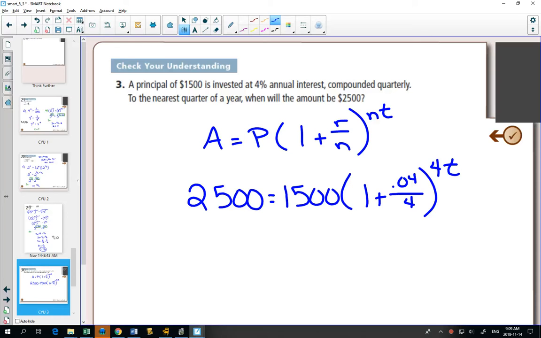So what we're going to do with our graphing calculator is type in one side of your equation into y1 and the other side of your equation into y2.